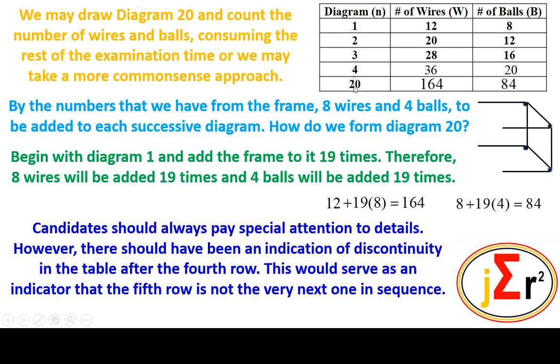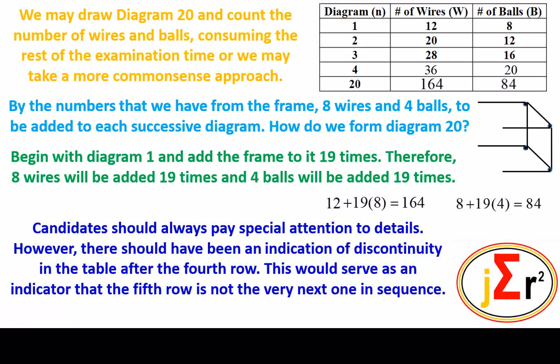Some candidates might not be focusing on the 20 and complete the 2 rows for diagram 5 instead of diagram 20. But students should be ready to pay attention to detail and realize that it is not the 5th diagram that is represented in the 5th row, but the 20th diagram.